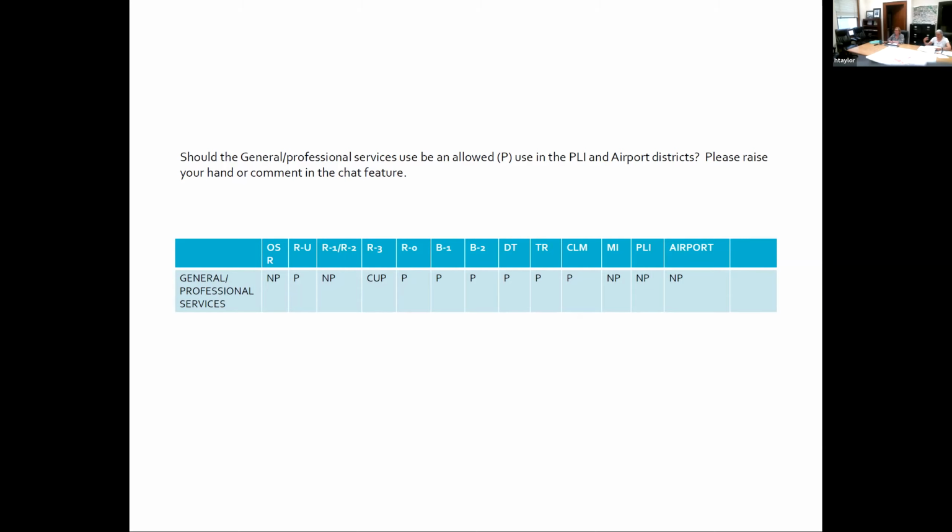And as a discussion point, whether the administrative service categories were also not permitted at the PLI. So the use chart had administrative services and general professional services not permitted in the PLI district.